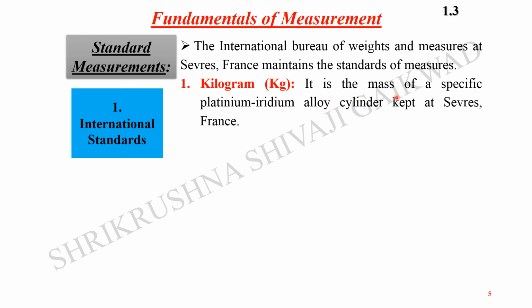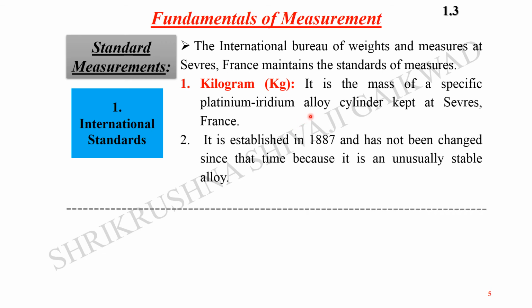It is the mass of a specific platinum iridium alloy cylinder kept at Sèvres, France. This alloy is made up of platinum and iridium, and the mass of this cylindrical alloy kept at Sèvres is considered the international standard for the kilogram.